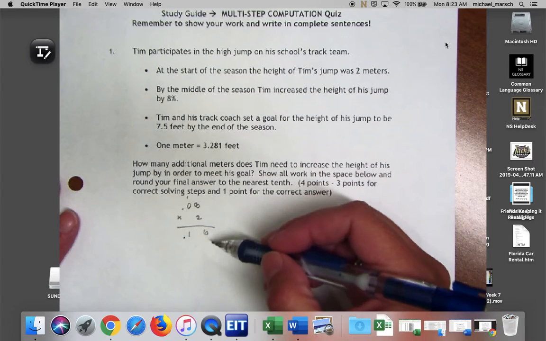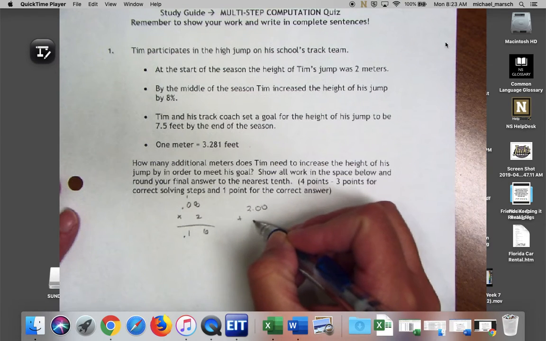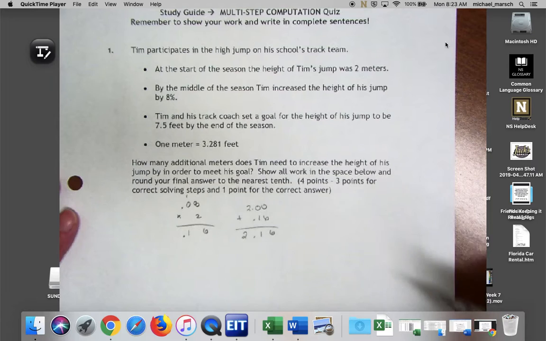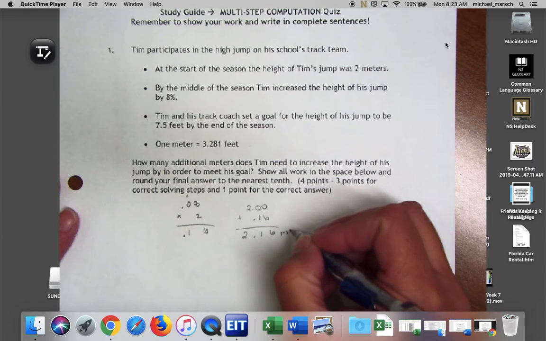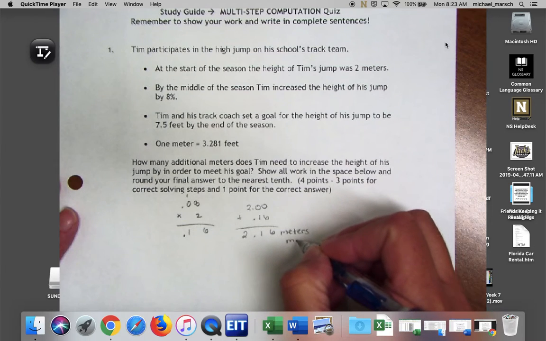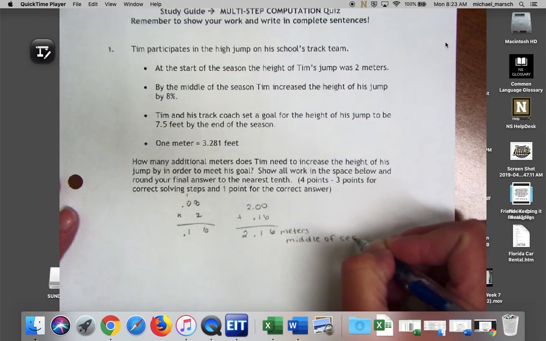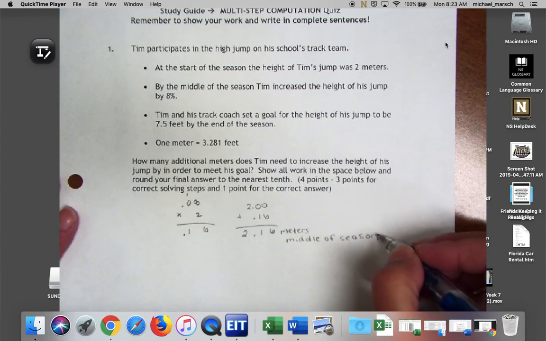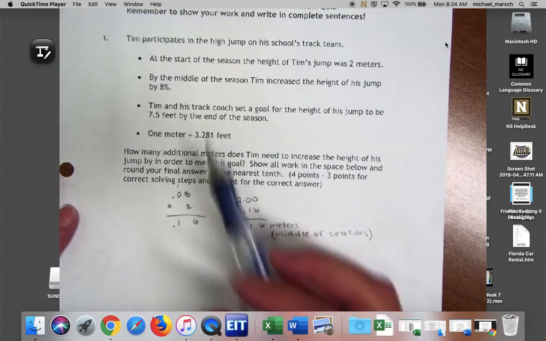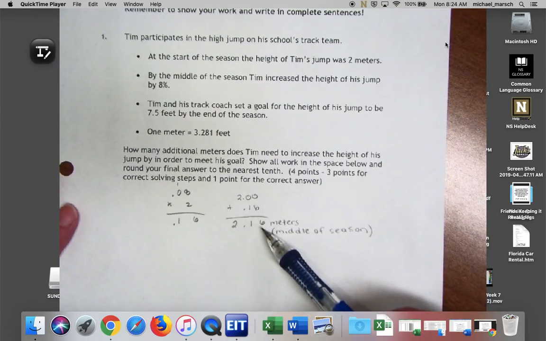Okay, so I'm going to add the 0.16 to get 2.16 meters, and this is the middle of the season. Remember, we label stuff so we can keep track of what we actually did. So my first thing was to find 8% of that. So now I know what his current jump is, okay?